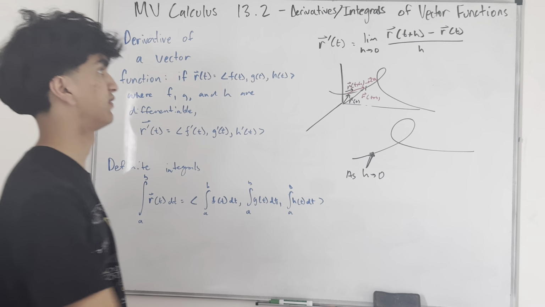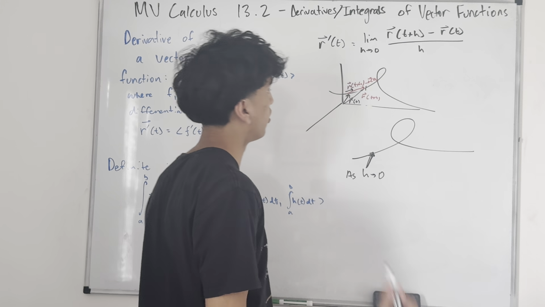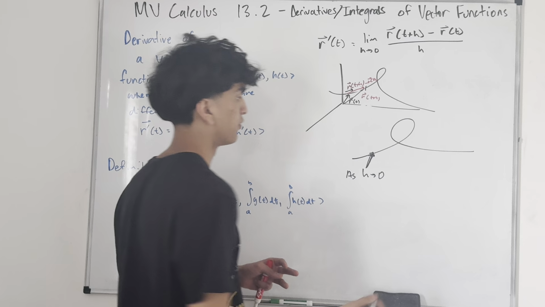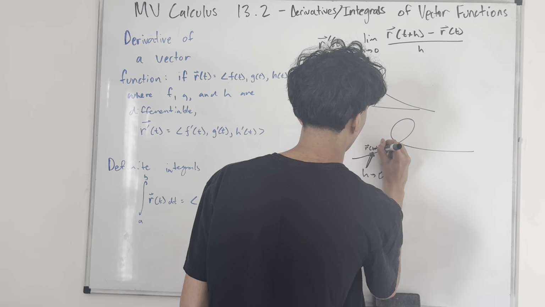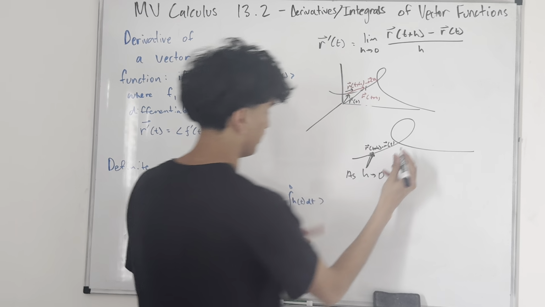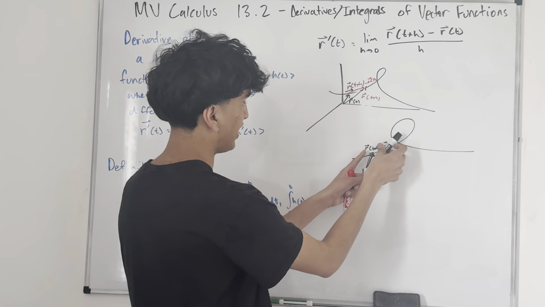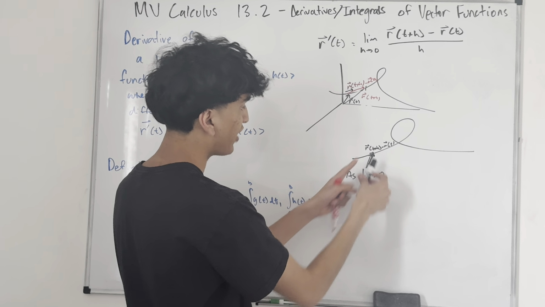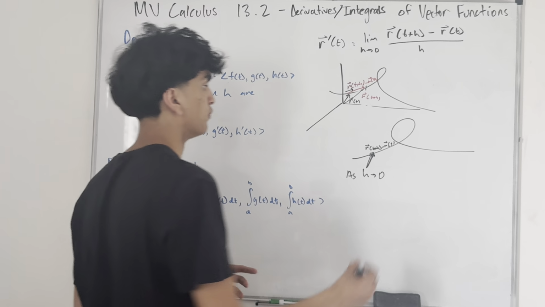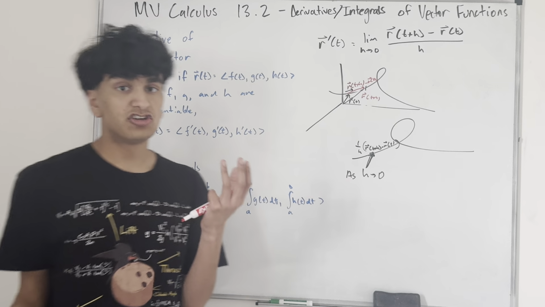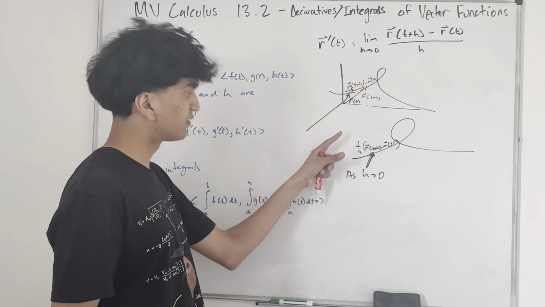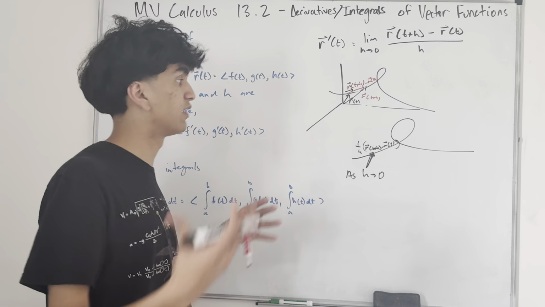But you're also multiplying the vector, r of t plus h minus r of t, by 1 over h. And h is getting really small, so this scalar multiple is going to end up getting pretty large.